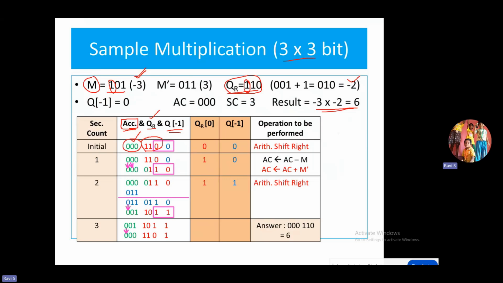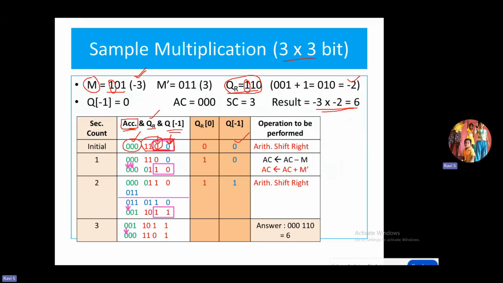We need to have a pair of LSBs. When this is my current LSB, I don't have any previous LSB, so I assume the value as 0 for the moment. In later cycles, whenever I shift, I automatically get the previous LSB values. So in the first cycle, we assume its value is 0. After filling this, the LSB pair is 0, 0.